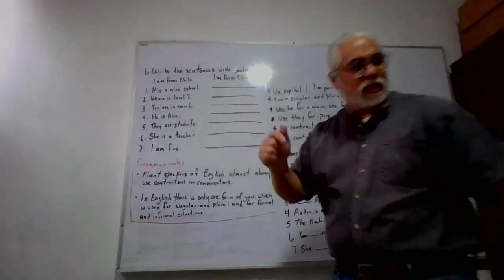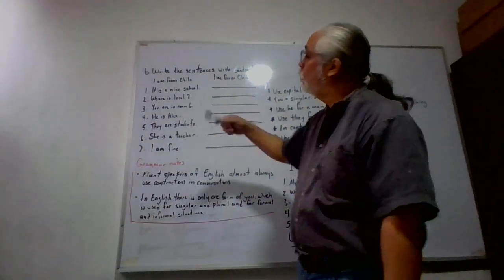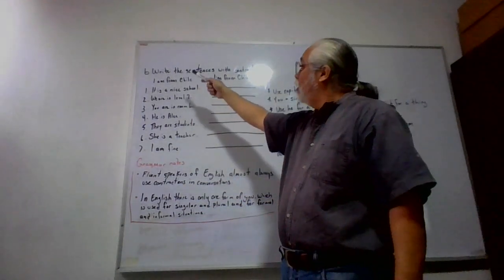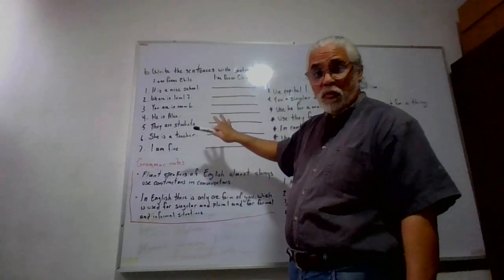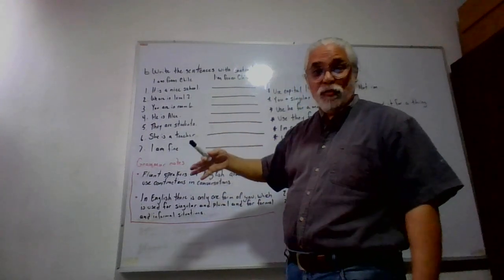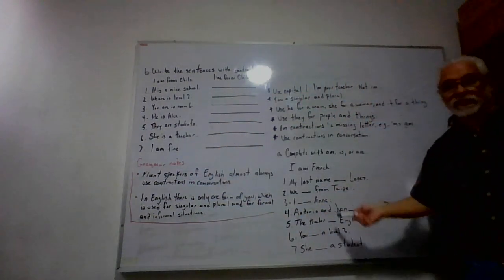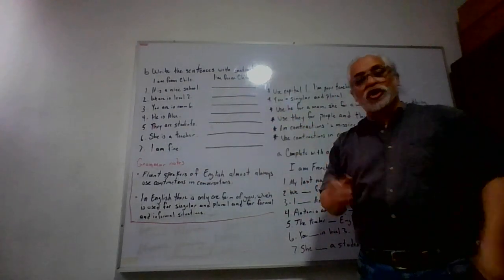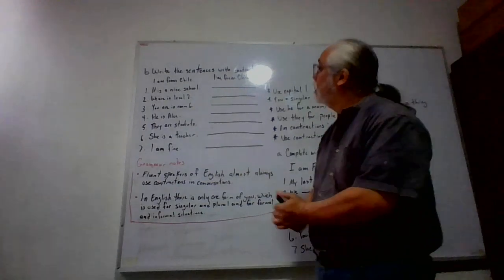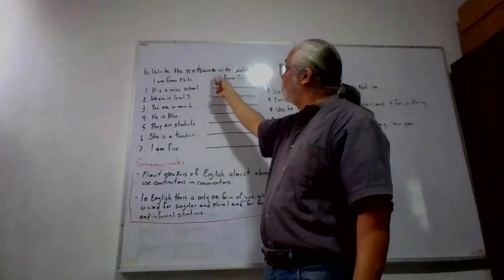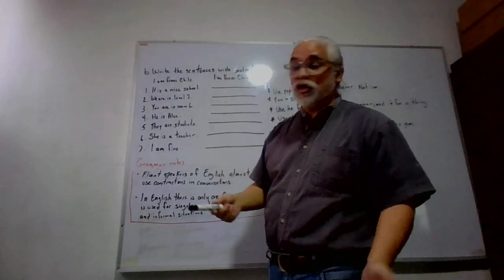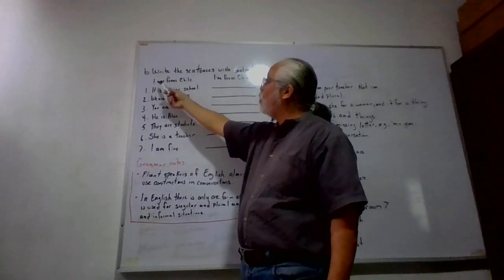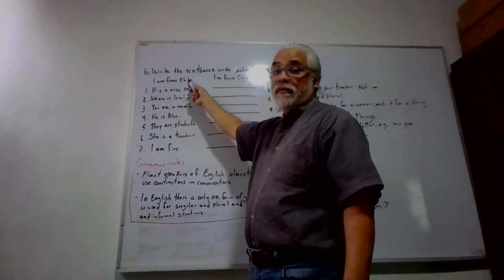All right, guys, let's get started. We're going to finish up with this. You hear I added some more homework for you to put in the same notebook as these. Okay, so this and this, notebook, picture, classroom. Here for B, you have to write the sentences with contractions. So, for example, I am from Chile.